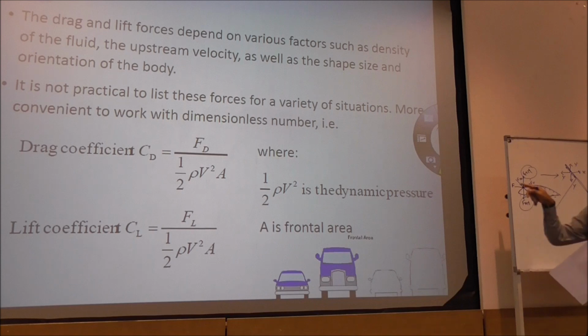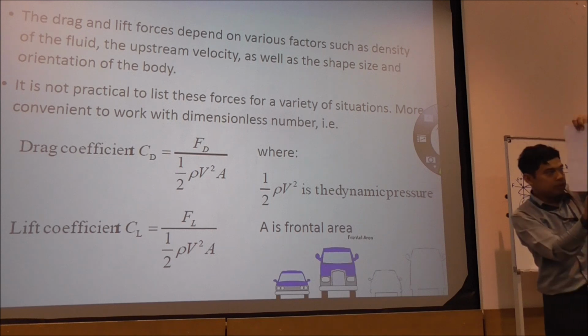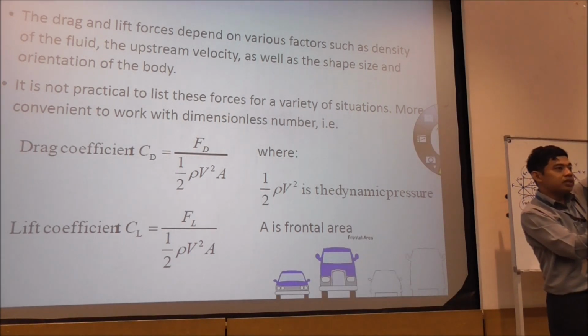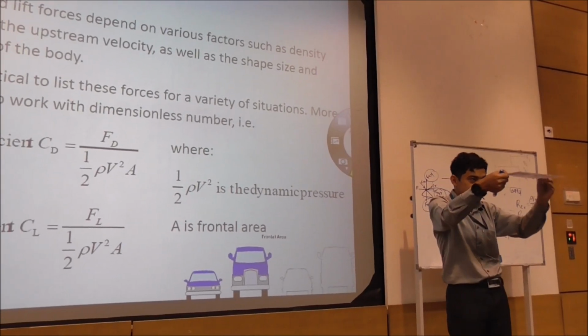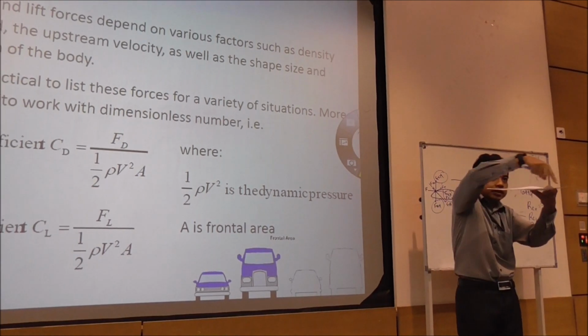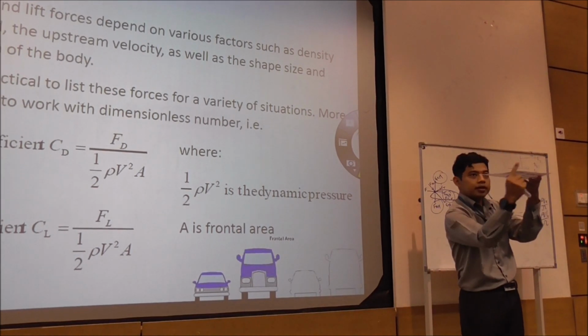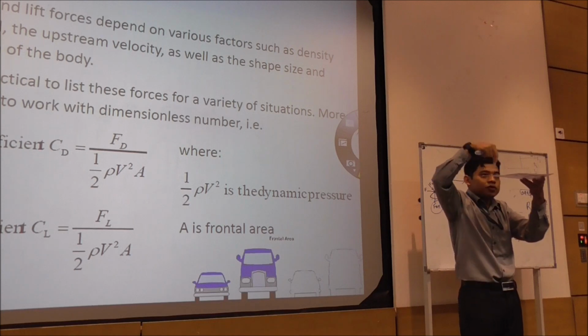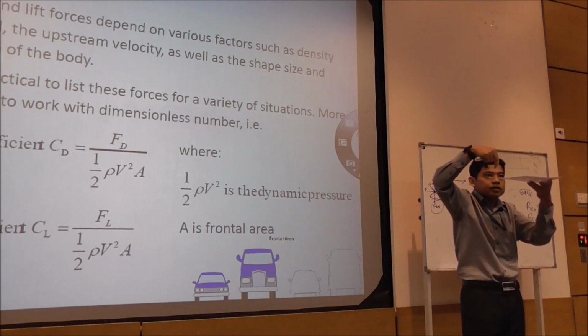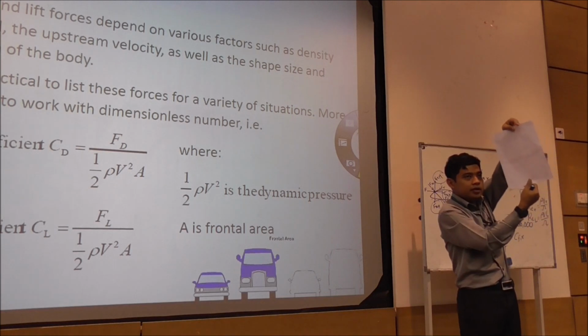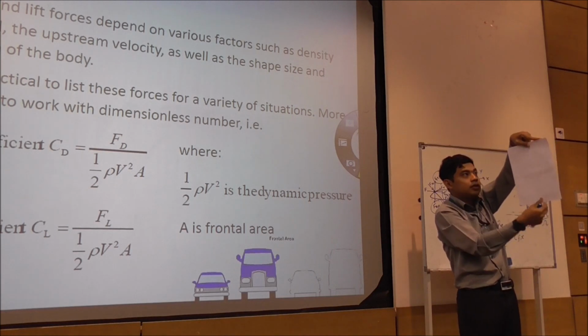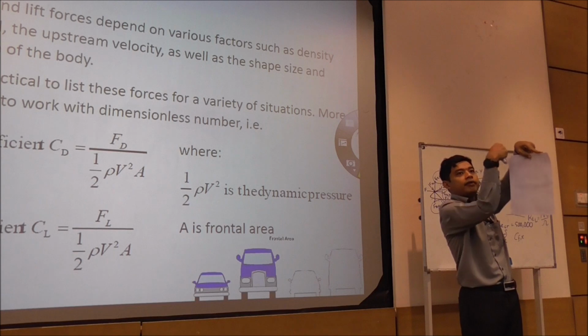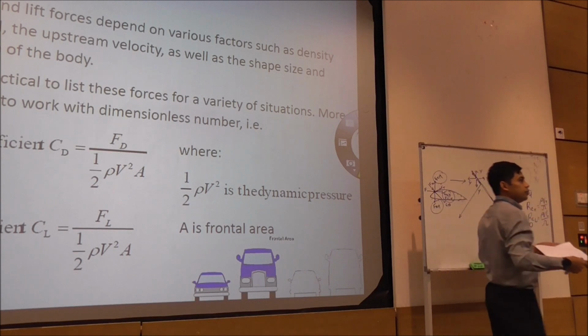When we are talking about this total drag, you are talking about the frontal area. But later on, when you are talking about the shear force, you are talking about this area, not this area. When you are talking about shear force working on this area, right? But when you are talking about pressure force, you are talking about this area, not that area. Yeah? Good.